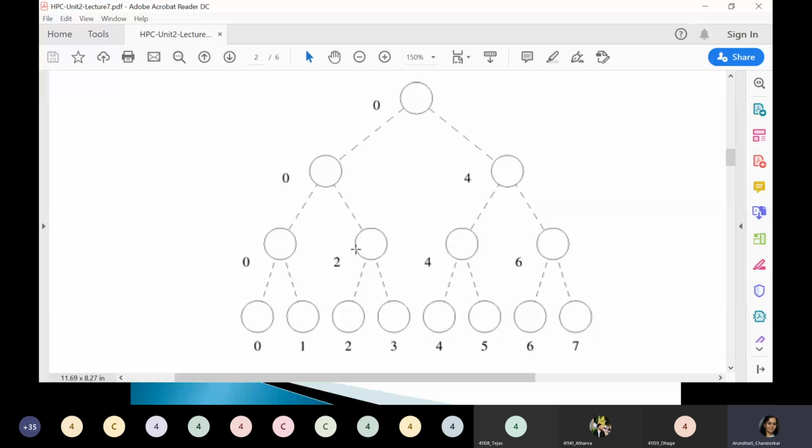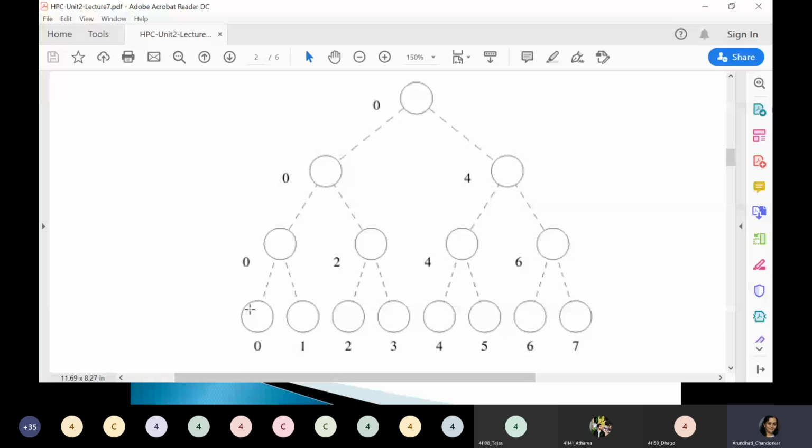At the next level you have only two processes, P0 and P4. Are you with me? Just go on mapping and collecting the results, and at the root level in process P0 you get the minimum. So we can manage the computation to find the minimum in an array using a hypercube of 8 processes.